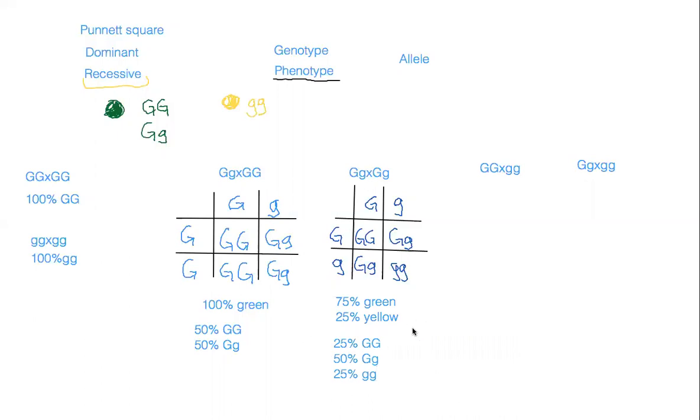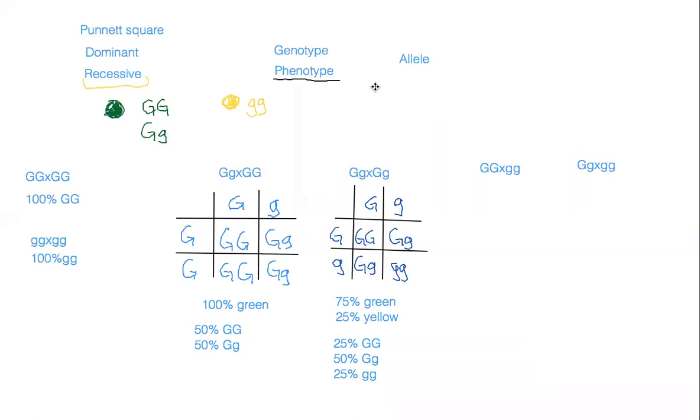So as you may already notice, if we know the genotype, we can know the phenotype. But if we only know the phenotype, we can't just imagine what will happen. We will need a little more extra information for this one. So for these two, I will give you the tip. For this one, there is no other option.